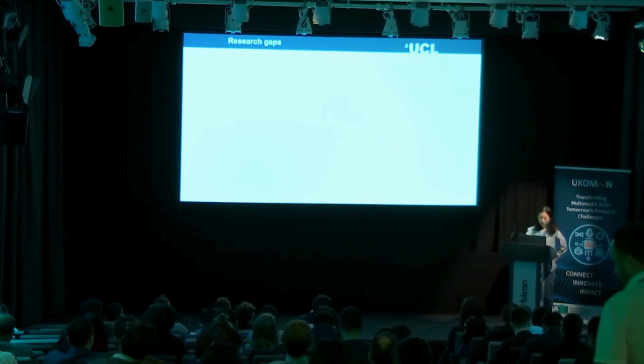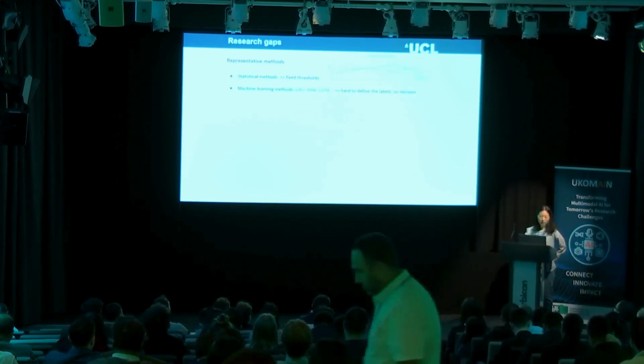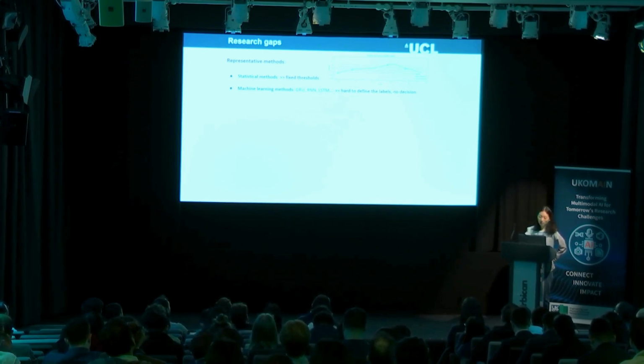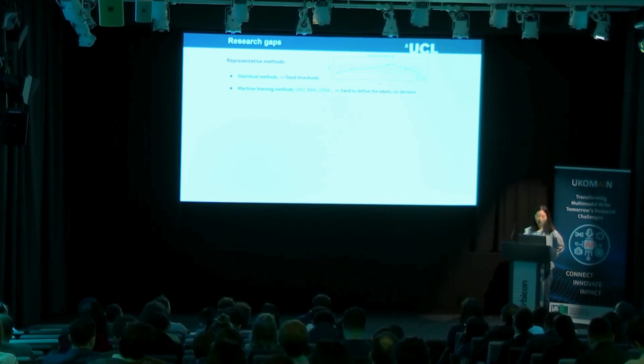The current methods mainly depend on traditional static methods and modern machine learning methods. Static methods, in general, analyze the spread between the assets and then generate a fixed threshold. This cannot adapt to dynamic markets.